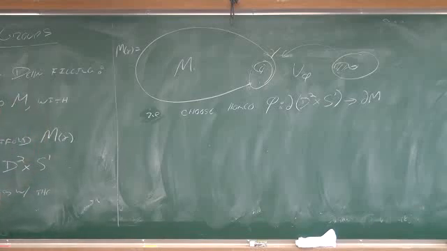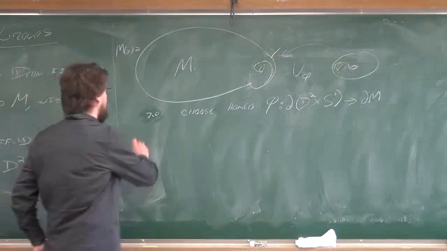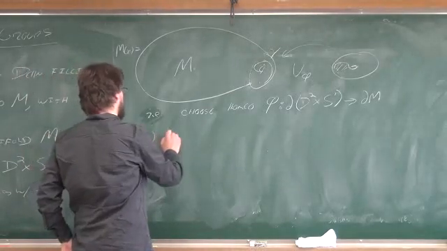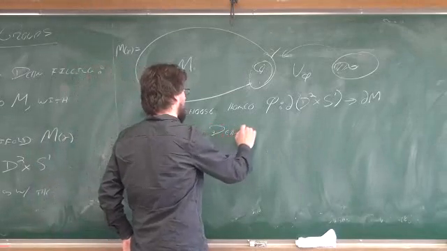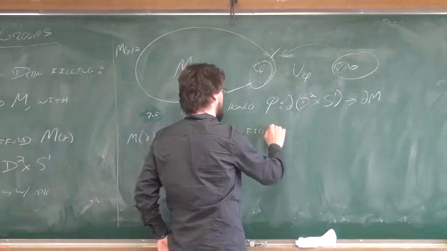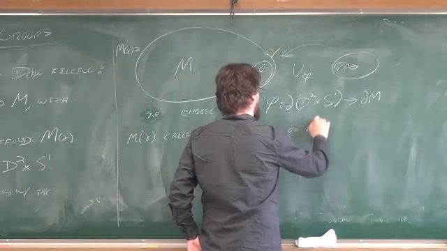The curve doesn't quite determine the homeomorphism, but it will determine the homeomorphism type of the filling. So this M of gamma is called a filling of M.